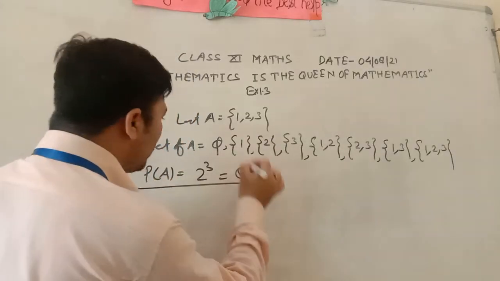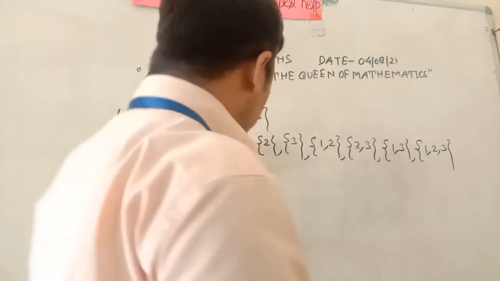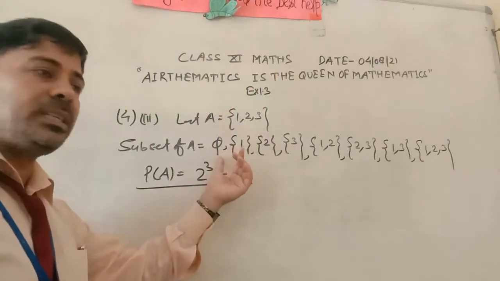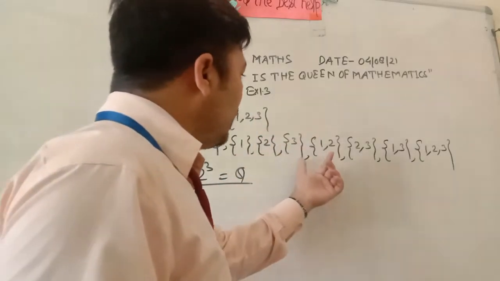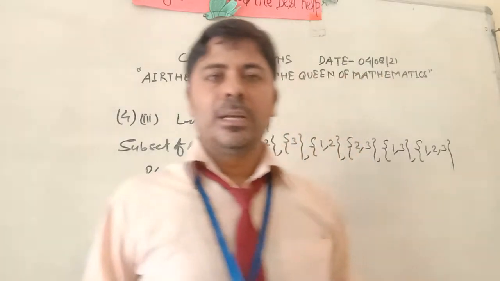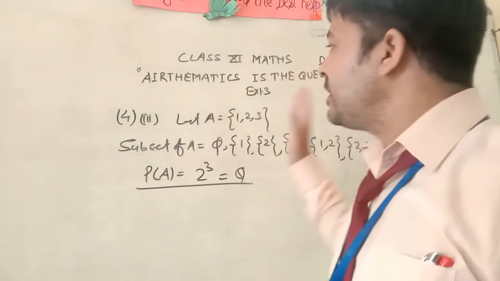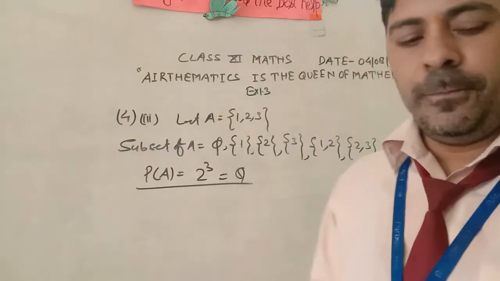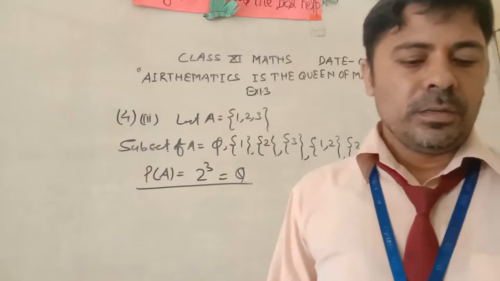This gives you the number of subsets. And if you need to write down the individual elements, then take out 2 elements, and then take out 3 elements. These are the subsets of A.